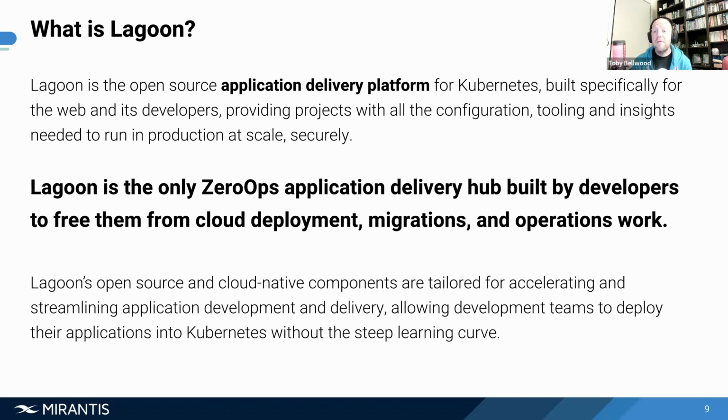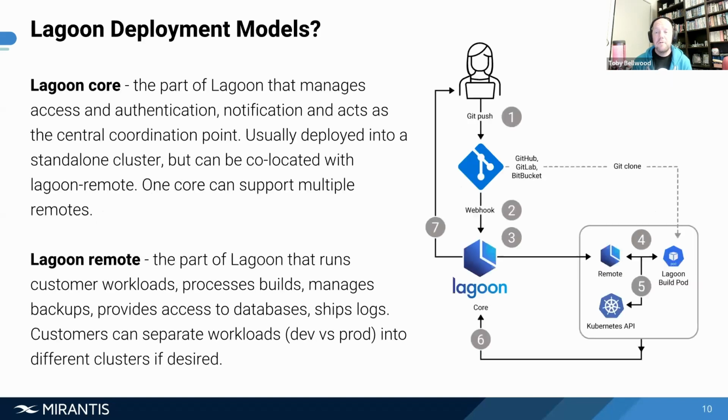There are two main ways that someone can install Lagoon. There are two deployment models. It has the concept of a core and a remote. The Lagoon core handles the API, the authentication, a lot of the centralization. That's the bit that people will deal with behind the scenes.